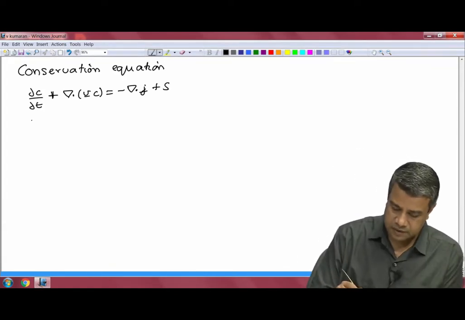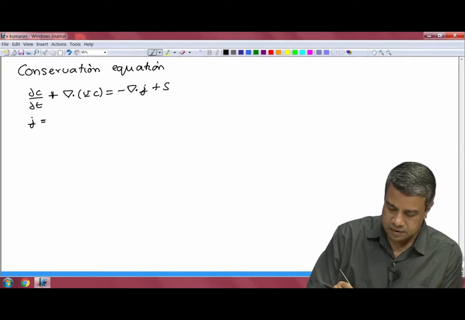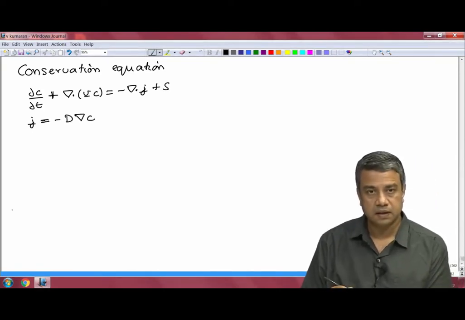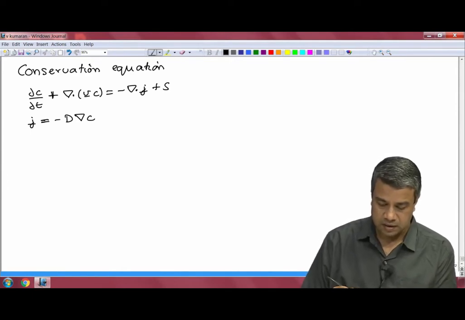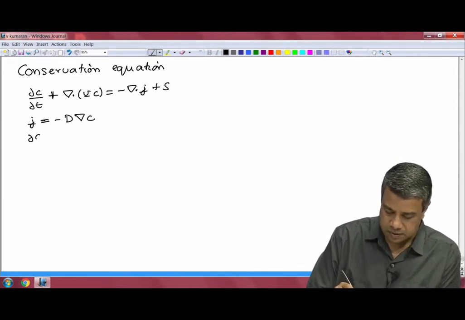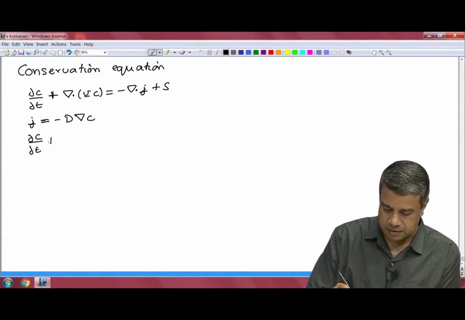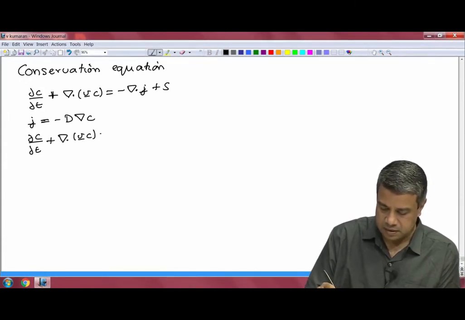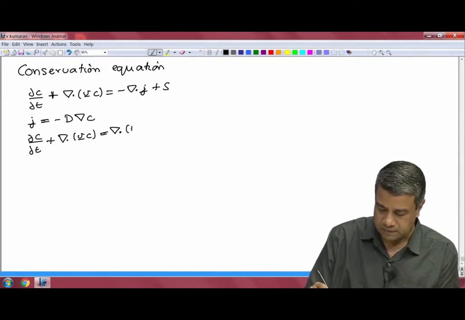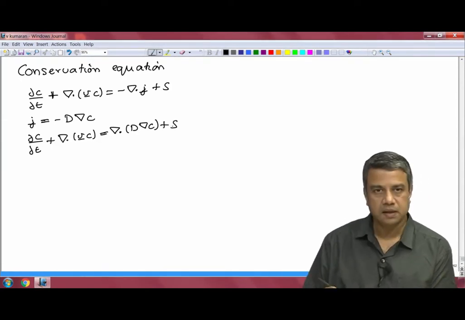The constitutive relation for the flux was that the flux is equal to minus D times the gradient of C, and with that the equation reduced to partial C by partial t plus del dot VC is equal to the divergence of D times grad C plus S.